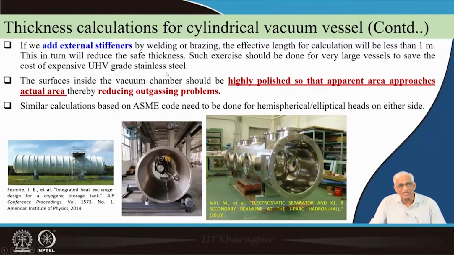Then you will have to also take care, once thicknesses are finalized, very good polishing practices you should have, so that inner surface is properly polished, so that surface area approaches the apparent surface area, approaches the actual area. So the degassing area, outgassing area will be less, it will be less load on the chamber. This we will see when we discuss outgassing issues, etc. They are not only for chamber, even for manipulators, everywhere.